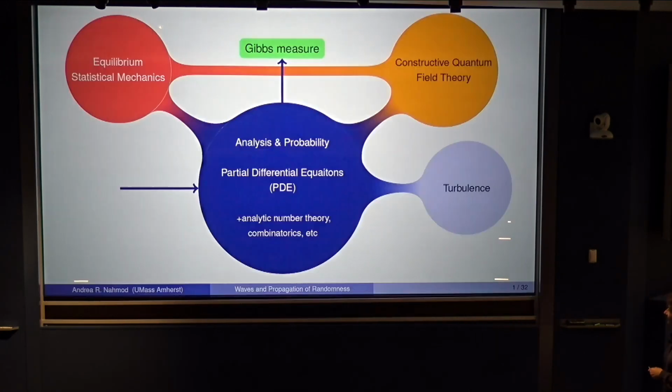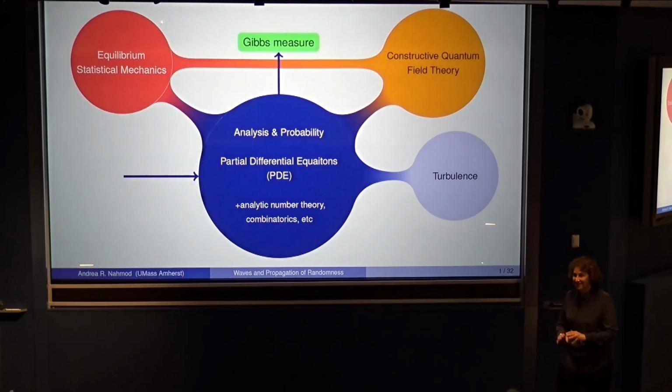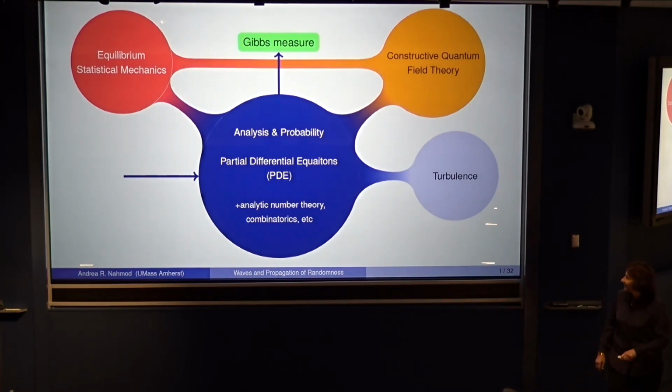All right. So let me start talking about, I'm a mathematician, so this talk is about mathematics. So no pictures of the universe. And this talk is about essentially how analysis, probability, PDE, and some tools from analytic number theory, combinatorics, and geometry actually helped answer questions that were posed and motivated in equilibrium statistical mechanics and constructive quantum field theory about probability measures for certain physical systems, which are called Gibbs measures.